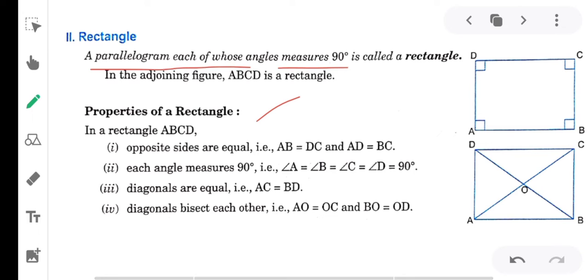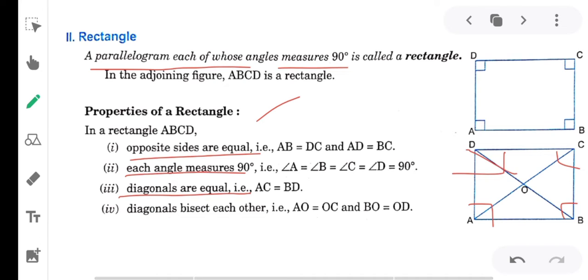If ABCD is a rectangle, opposite sides are equal, obviously because it is a parallelogram. So opposite sides are equal and opposite sides are also parallel. Clear? Next, each angle measures 90 degrees. That means angle A, angle B, angle C, and D are all 90 degrees, and diagonals are equal.